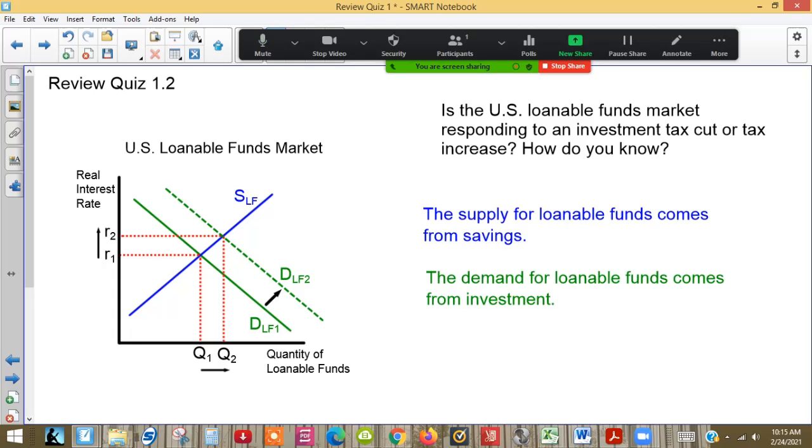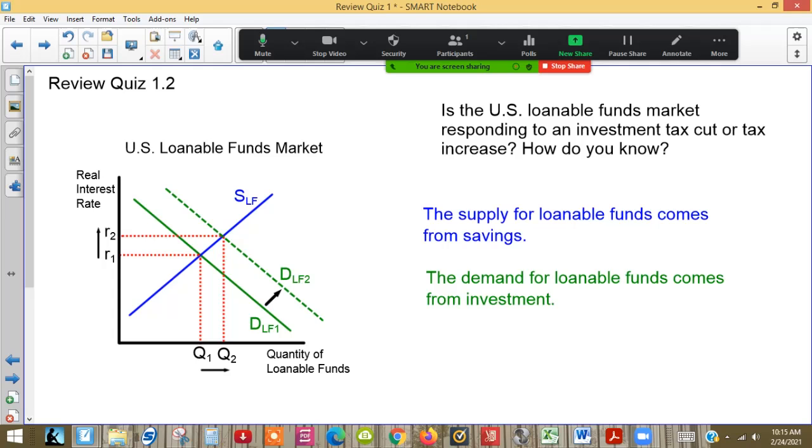So an investment tax cut would make folks more likely to want to invest.